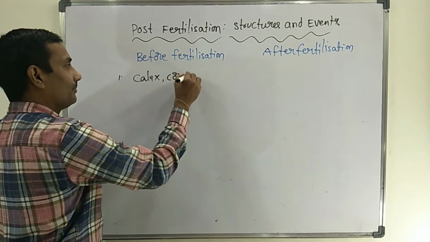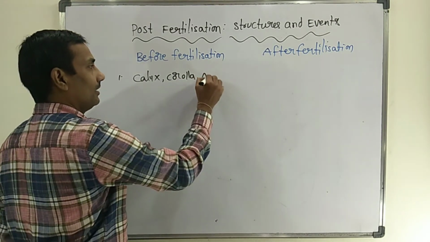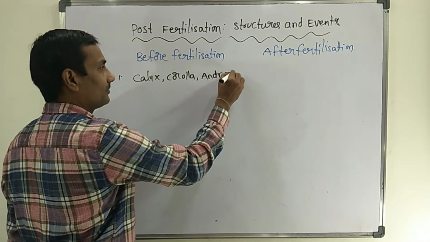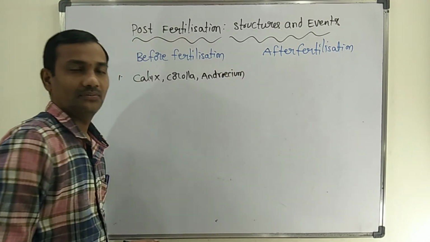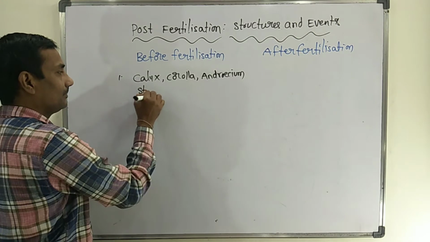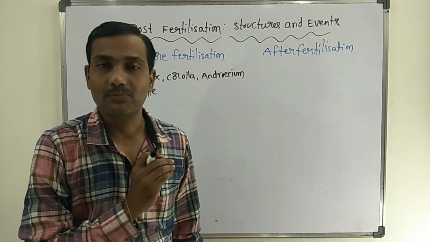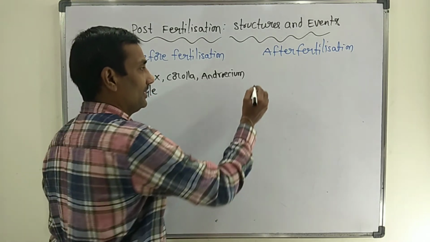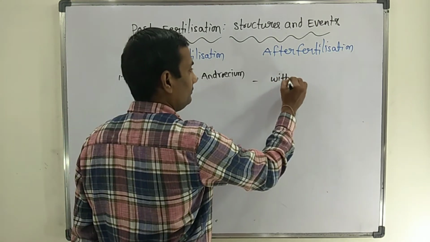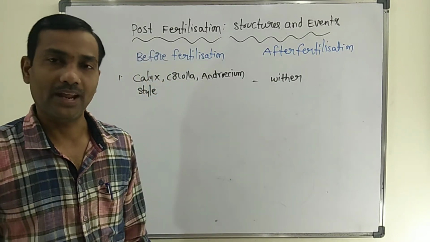Next, corolla has petals. Next, the entire androecium has a different number of stamens, and style, stigma, all these parts of the flower wither. Wither means it will dry and fall from the plant.